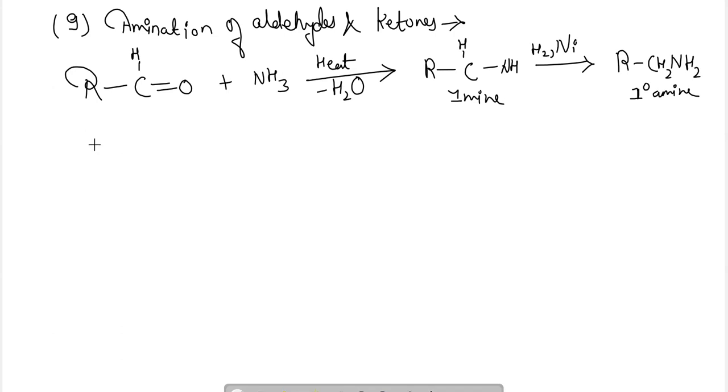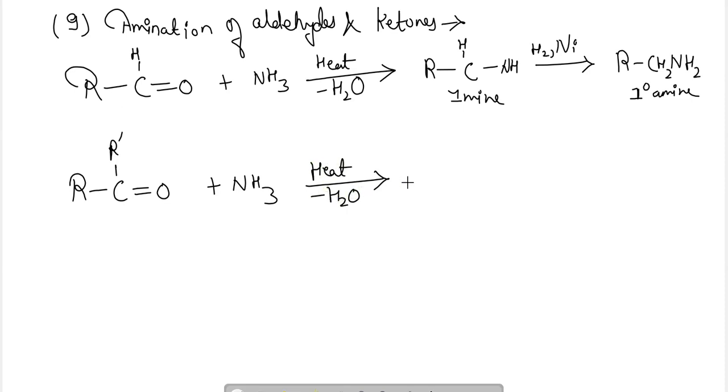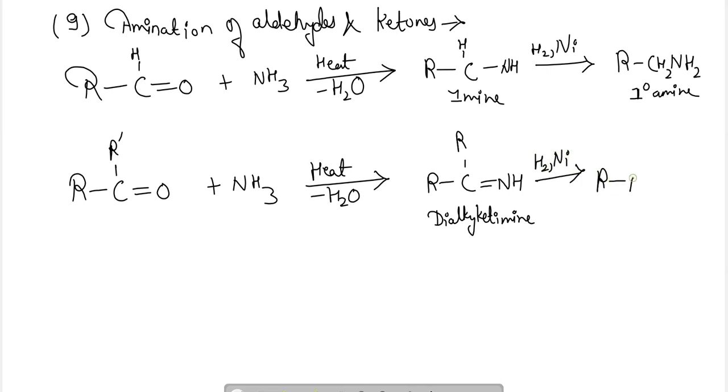Similarly, if we consider the ketones, there also the amination will be carried out when we heat the ketones, and here the formation of dialkyl ketimine will take place, and on further reduction here we will obtain CH2NH2R dash.